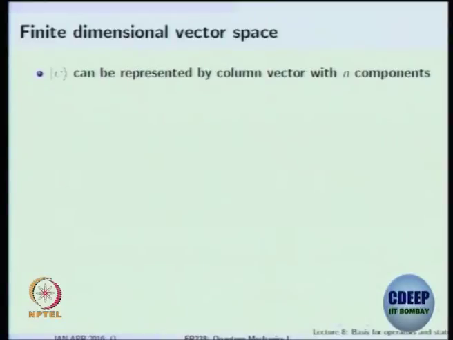In this finite dimensional vector space you can represent the ket by a column vector, let the column vector have n components. So n equal to 3 is similar to what we saw in the 3-dimensional space, but you could have an abstract n dimensional vector space where n is finite.